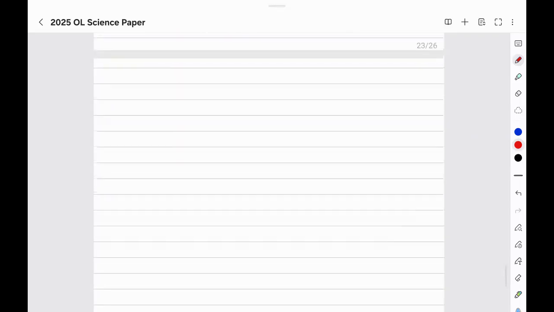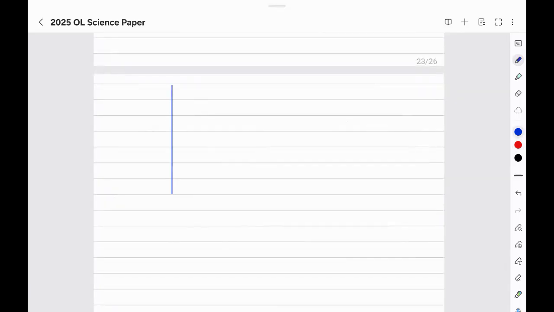Then how can we draw the energy diagram for endothermic reactions? We can draw it in this way. In endothermic reactions, which one has the greater energy? Products.